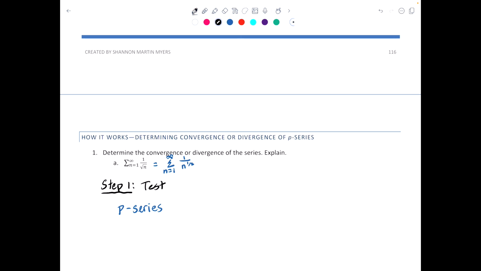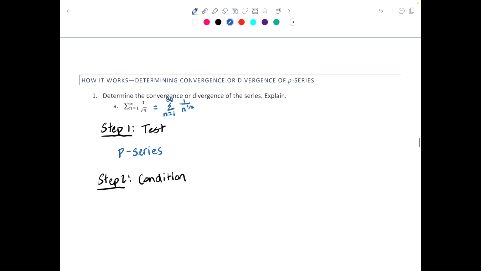So step 2, in the condition for this, this is a p-series with p equal to 1/2.